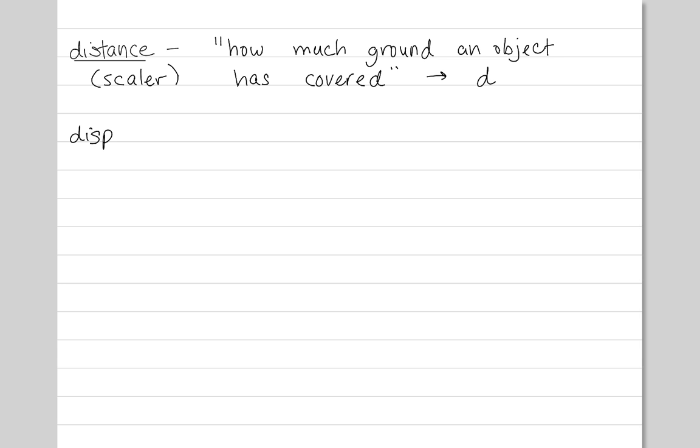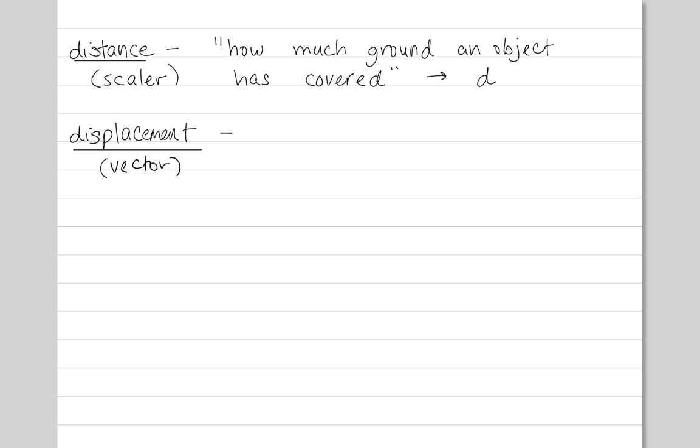After distance, we'll talk about displacement. Underline. Displacement is a vector. Similar but different. While distance is how much ground an object has covered, displacement is how far out of place an object is.